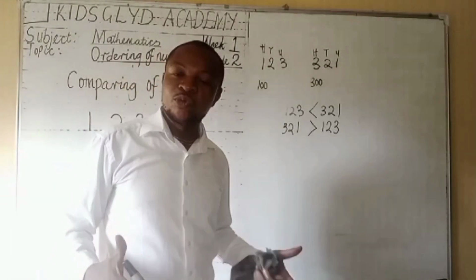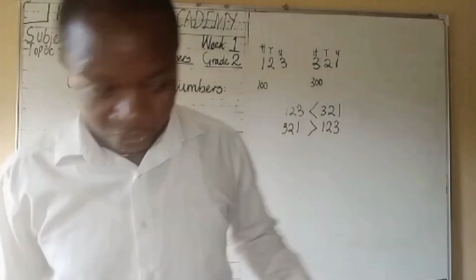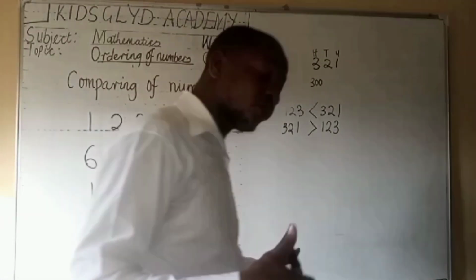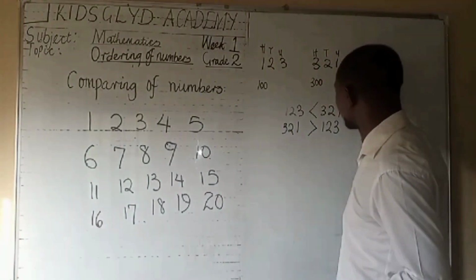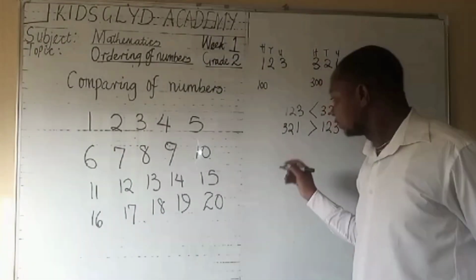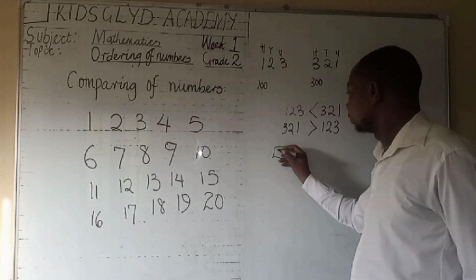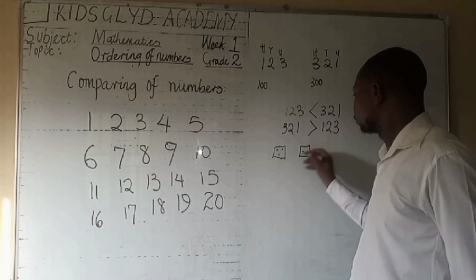Then sometimes we use items to check and compare these numbers, the number of items. But sometimes the number of items doesn't matter. For example, let's say we have Ludo seats here, 1, 2, 3. We have Ludo seats here, 1, 2.